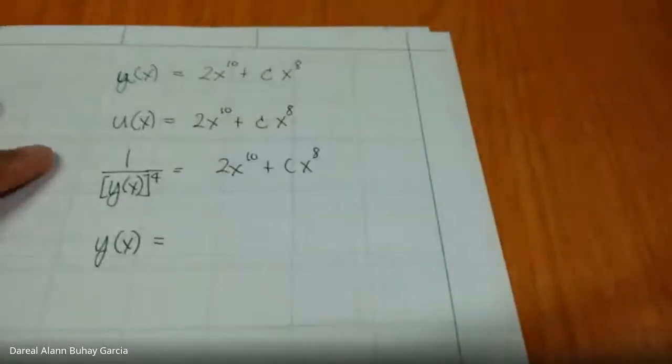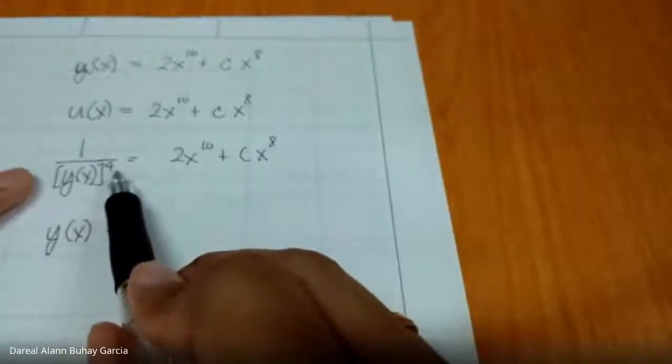So our final answer would look like this one. Not yet, because we still have the initial conditions. Reciprocal and then fourth root.